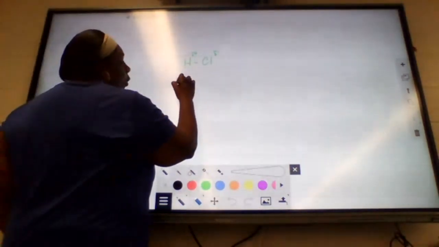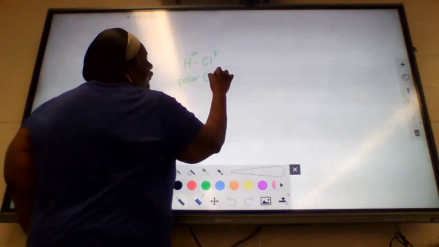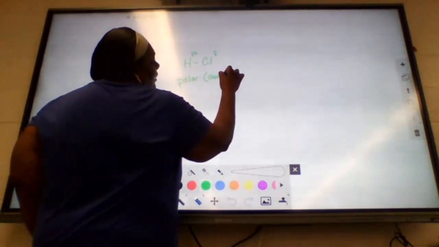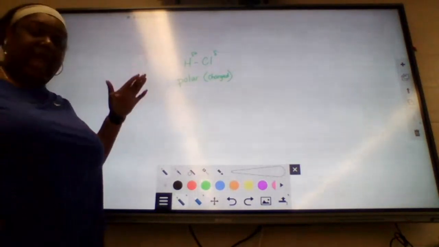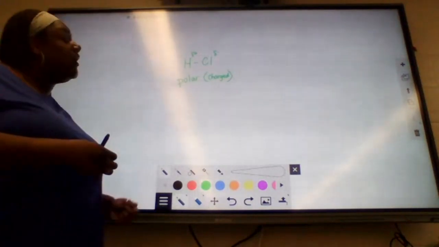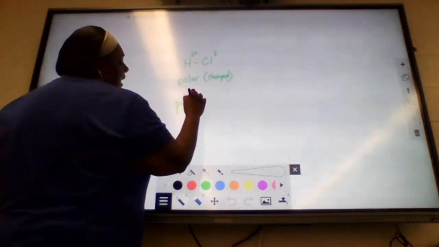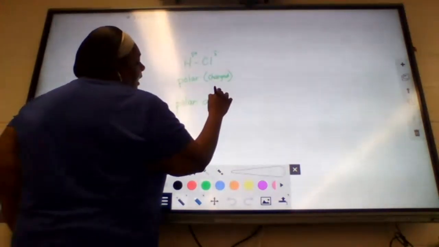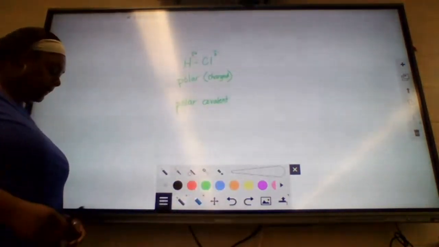Now, the word polar just really means charged. Okay, and so because I have an uneven sharing of electrons, I have created what we call a polar covalent bond.